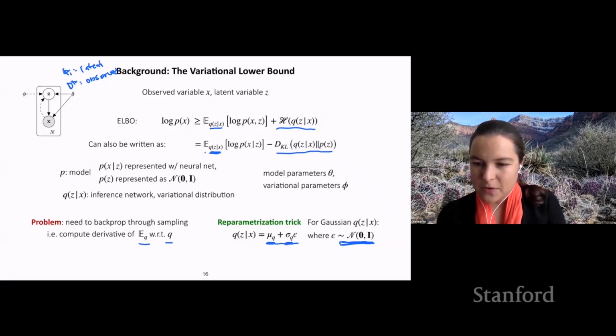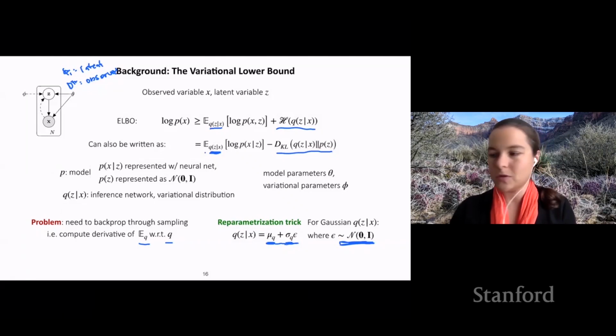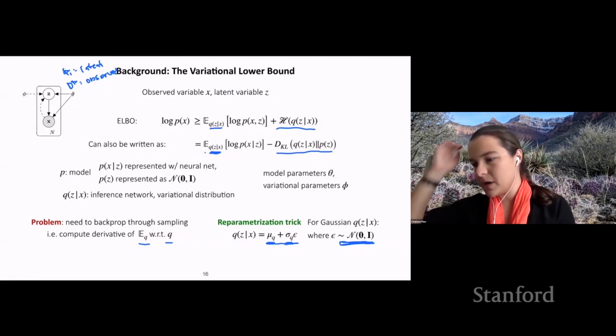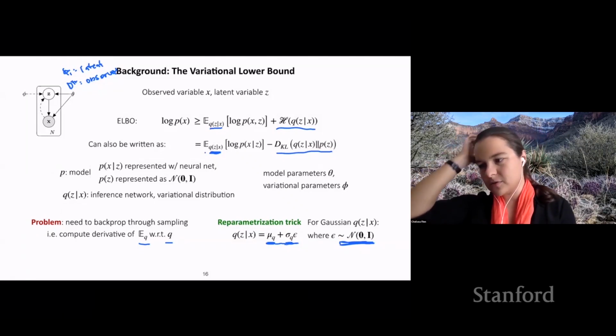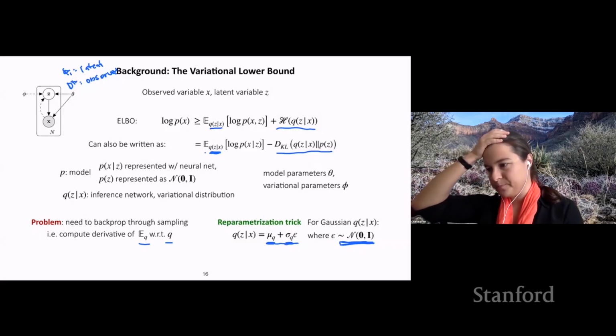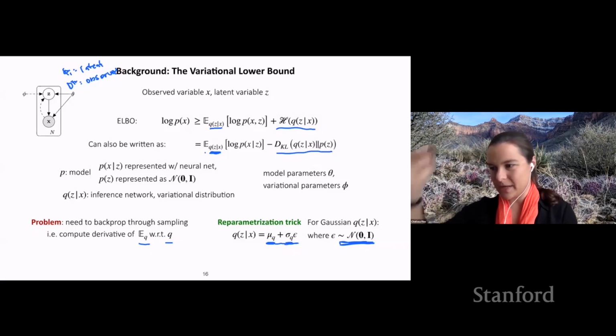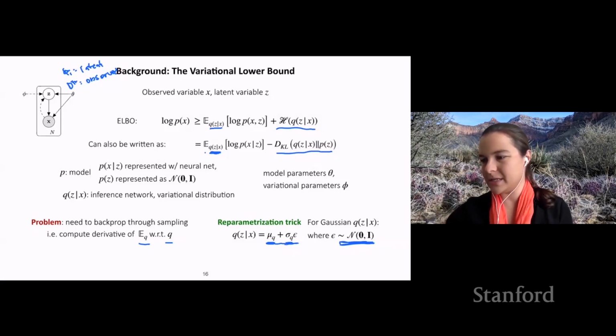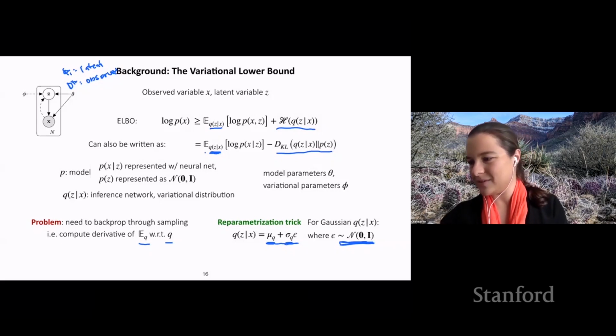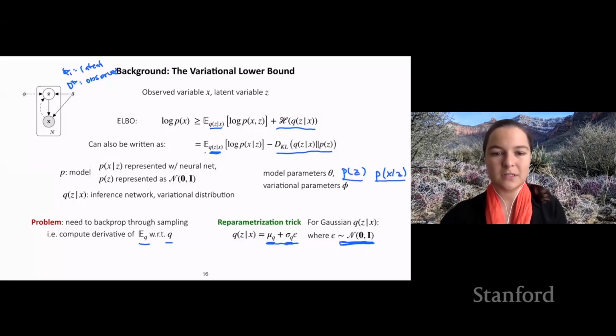Another question asks, can you explain the difference between model parameters and variational parameters? There are a few ways to view it, one mechanistic and one more theoretical. From a mechanistic standpoint, the model parameters represent our model, modeling P(z) and P(x given z).